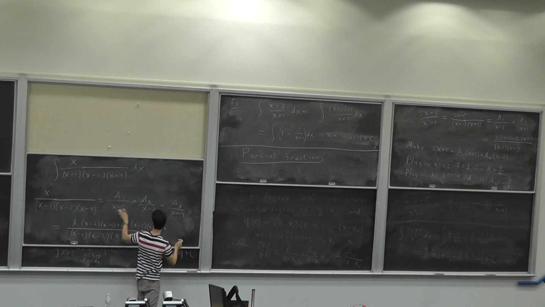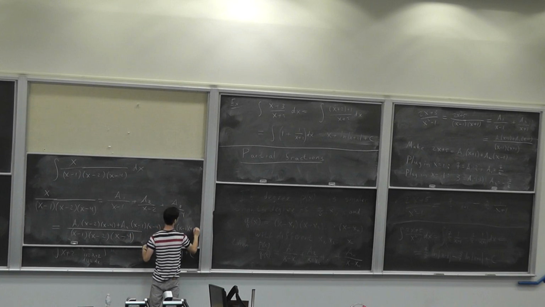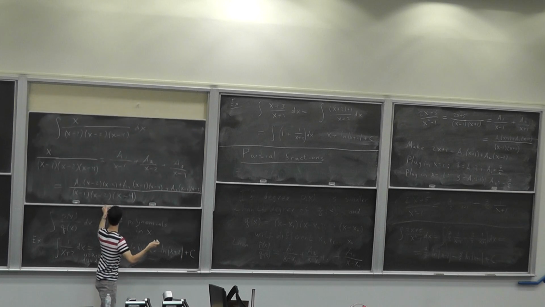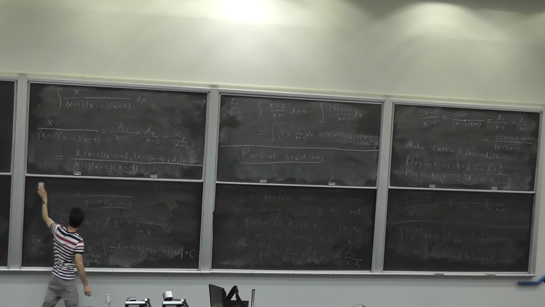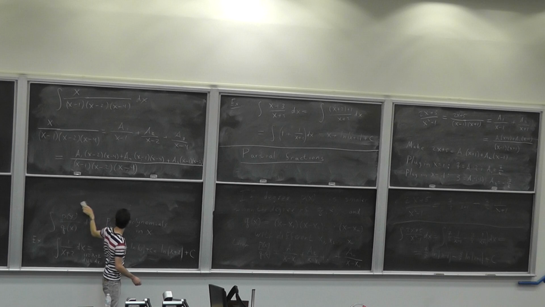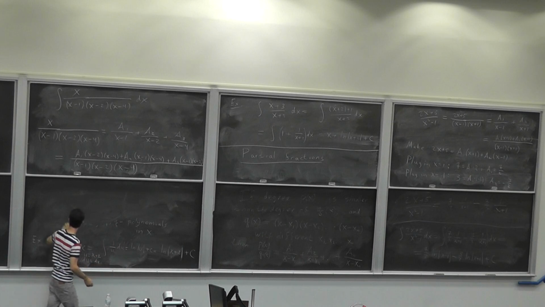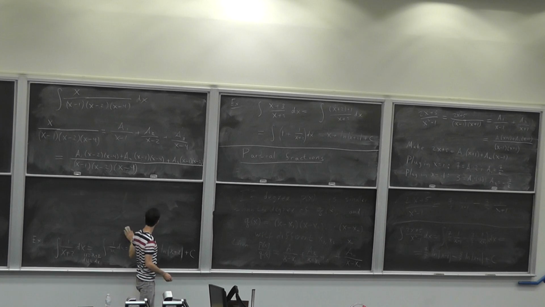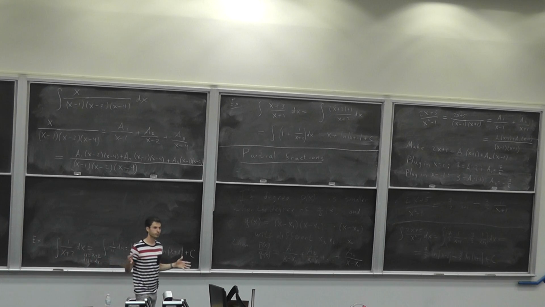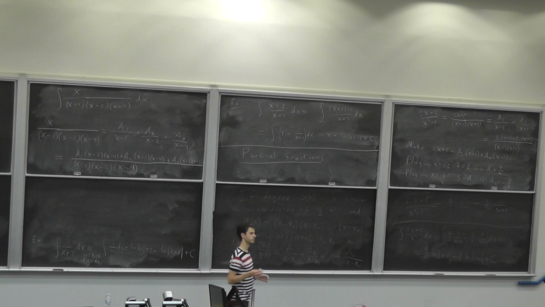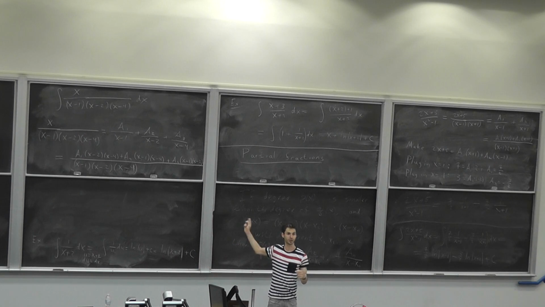Multiply this fraction by x minus 1, x minus 2. Alright, so we brought everything to the common denominator. We see that the denominator on the right side and the left side is exactly the same.